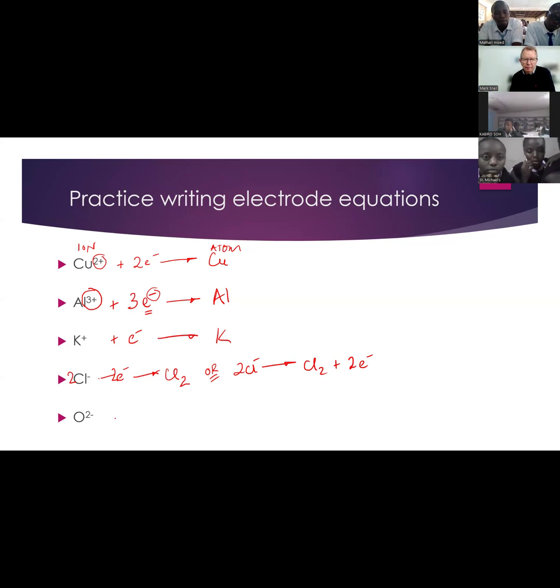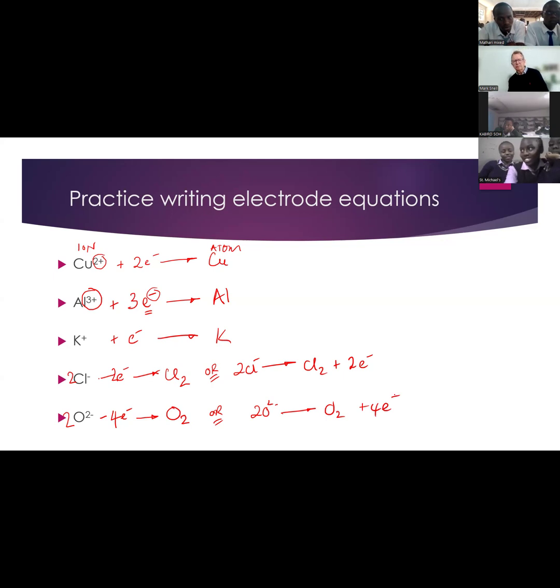The oxygen, again, goes around as O2. So we'll have to lose electrons to become O, but it's O2, so 2 O2 minus, and therefore 4 electrons, or 2 O2 minus turns into O2 and 4 electrons.